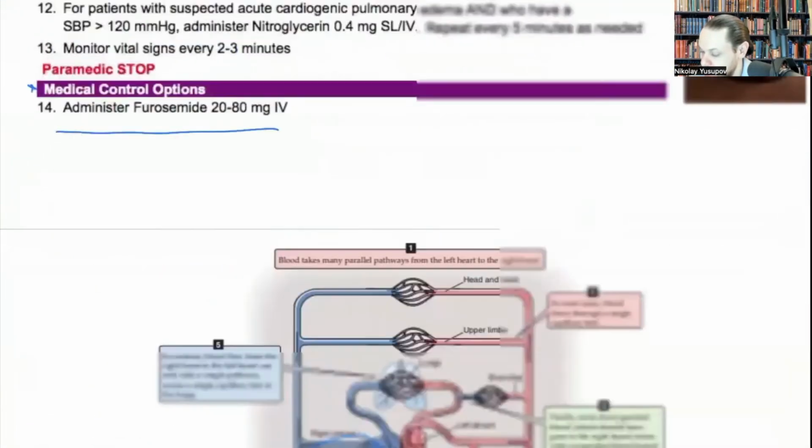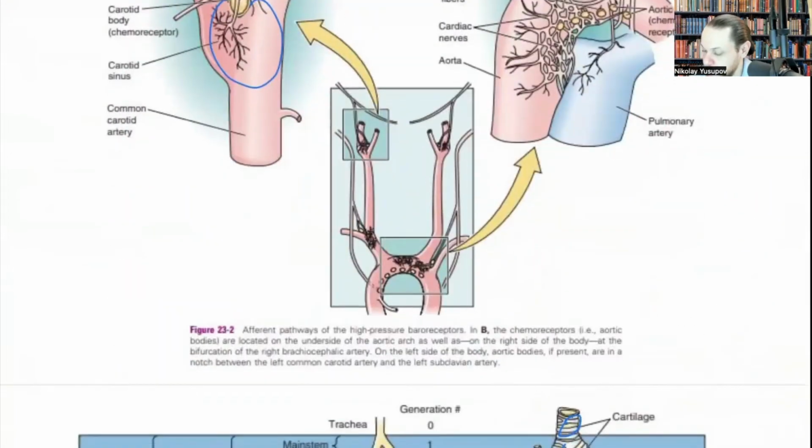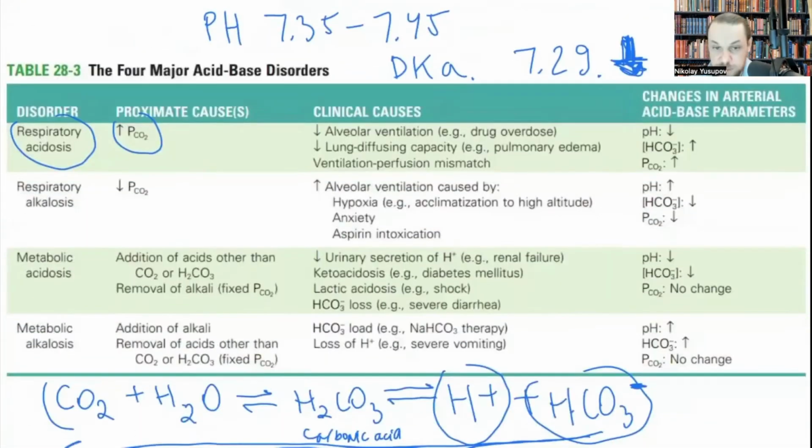The major distinction is this: it takes hours, days, and weeks, so much longer for the system to get activated in order to facilitate the removal. This is why they call it metabolic; it's utilizing the kidney's response.